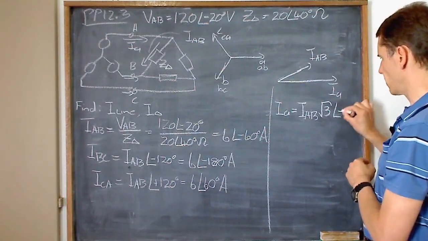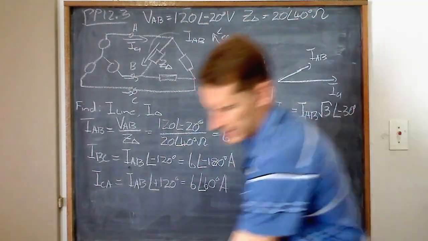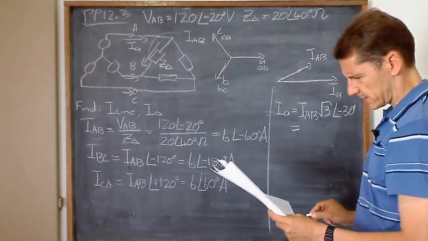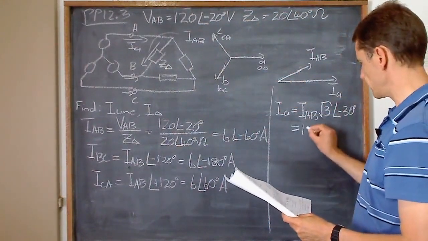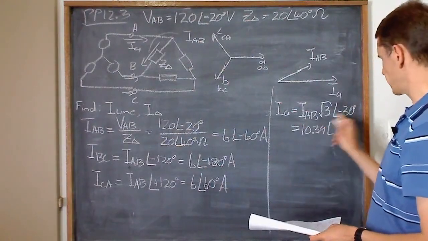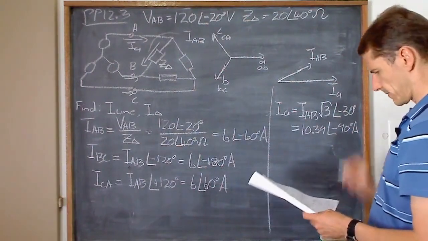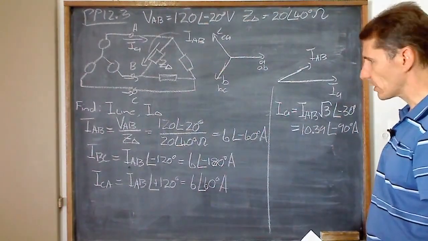Subtract: angle minus 30 degrees. And then you will get 10.39 angle minus 90 degrees, for that one.